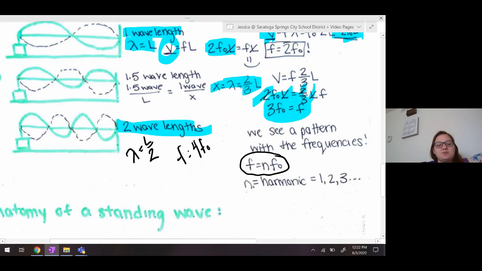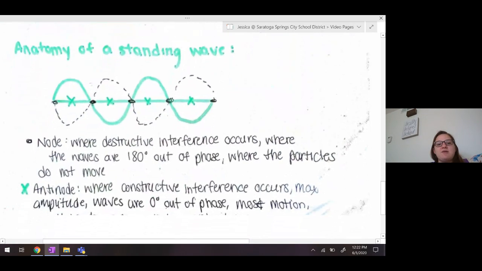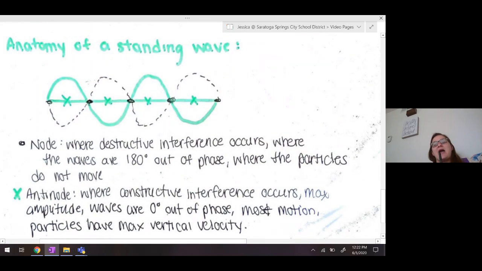Okay, so anatomy of a standing wave. There are specific parts on a standing wave that we sometimes get questions about. I labeled them with black dots and green X's. The black dots, which are always going to occur at the ends and the center line parts here, are considered nodes. That's where the 2 waves that are interfering with one another are going to be destructively interfering.